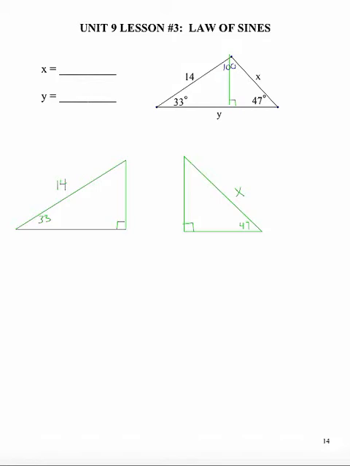But if I knew one of those numbers, for example, if I knew this altitude, then I could set up a ratio and I'd say, well, that's a sine relationship. The sine of that 47-degree angle is going to equal the opposite side A over x. So if I knew what that altitude was that I drew, I could figure out what that missing side x is.